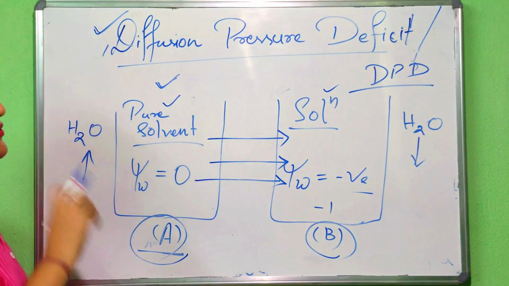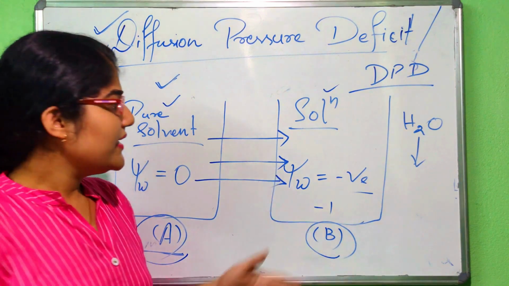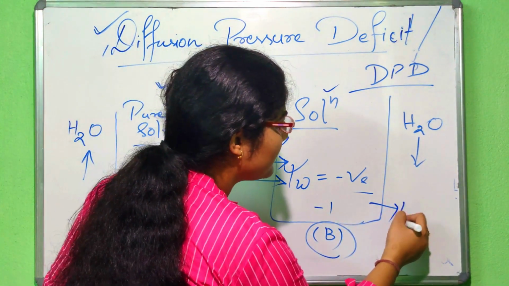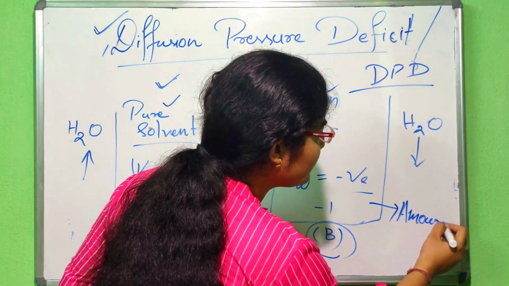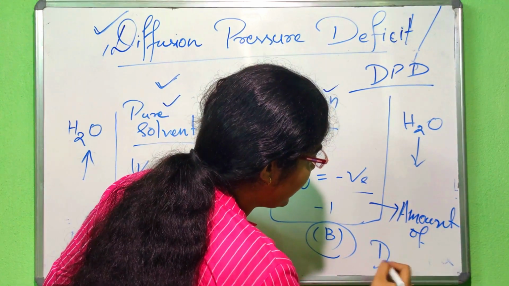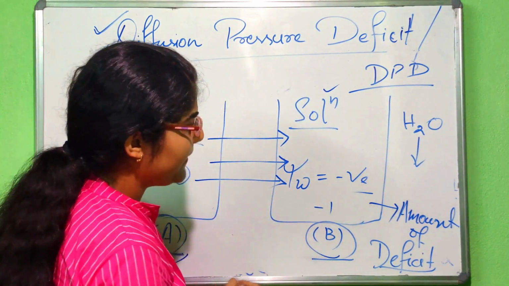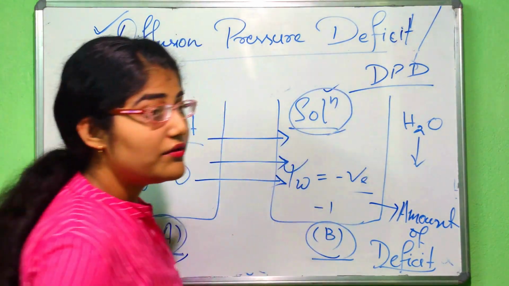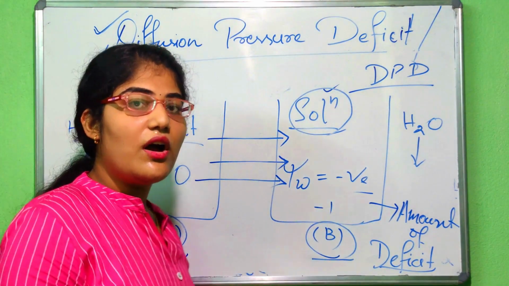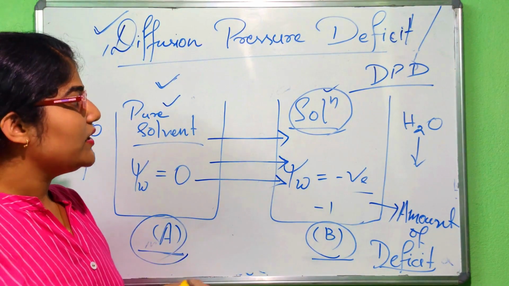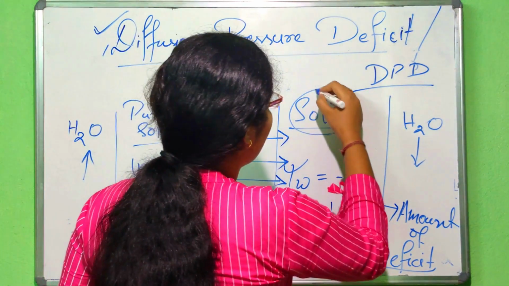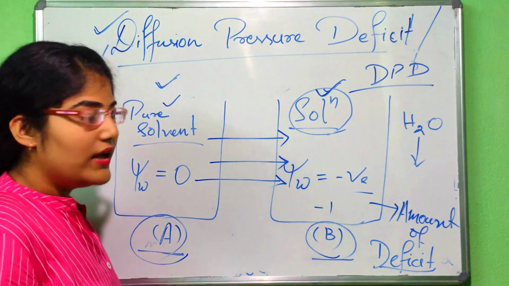So diffusion pressure deficit is the amount of deficit in compartment B, or in a solution. How does this deficit of diffusion pressure occur in the solution?